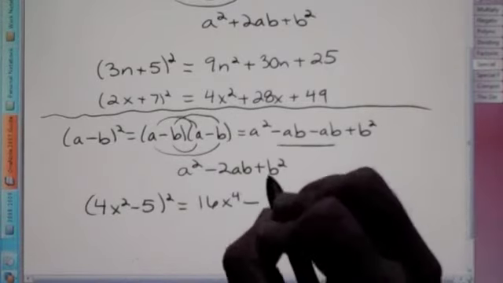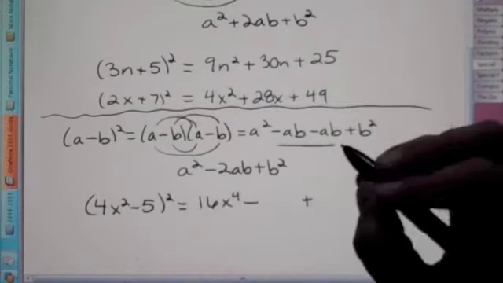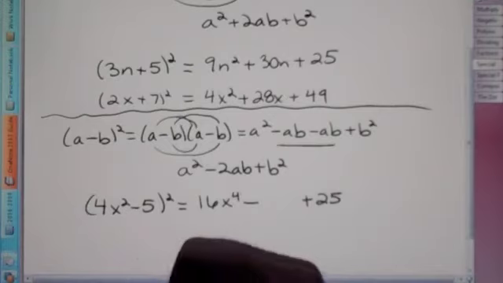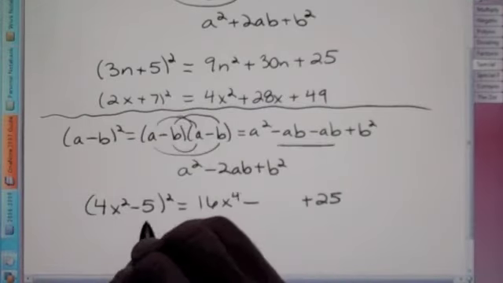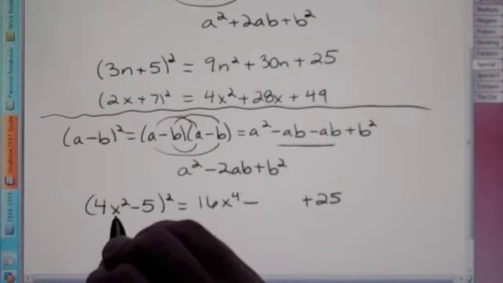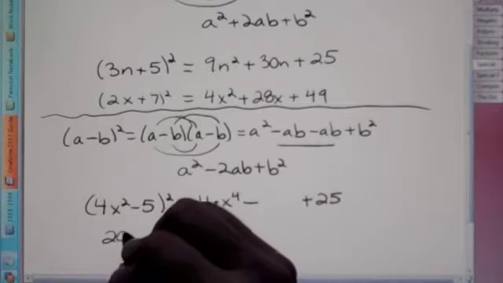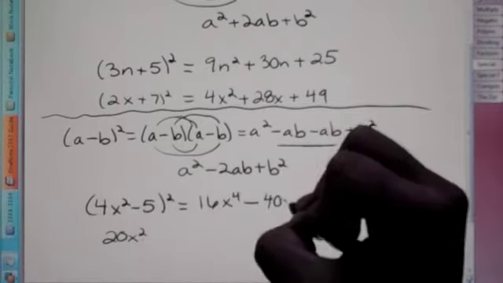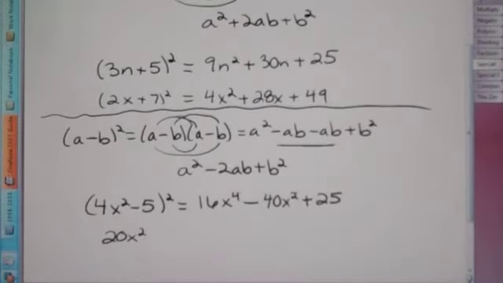Over here you're going to put a plus, and it says b squared. So 5 squared is 25. Now again, same thing we did here. You take these two terms, 4x squared times 5, which is 20x squared, and then we double it. So we get 40x squared. So if you memorize this format, these problems can actually be done fairly quickly.